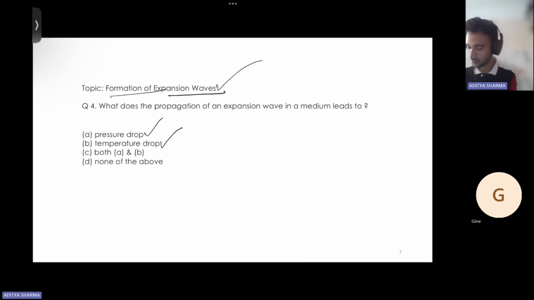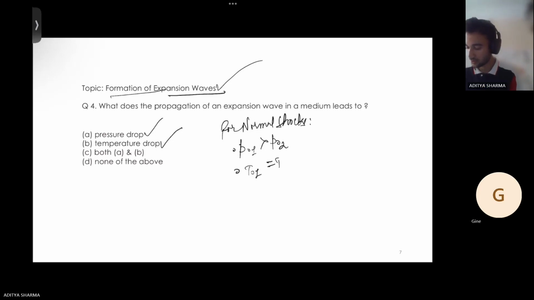For normal shocks, P naught 1 was greater than P naught 2, so there were pressure losses, but there was no energy loss; energy was totally conserved.